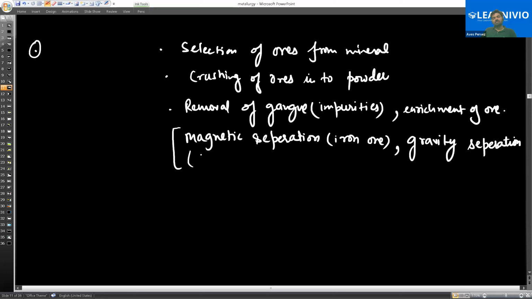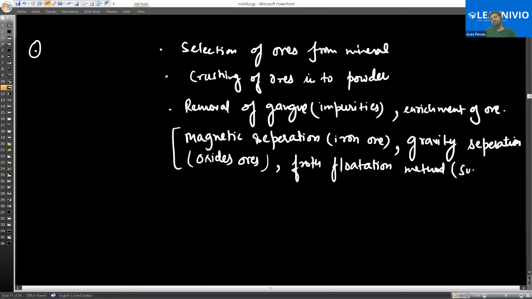This is done for oxide ores. And then the fourth, the froth flotation method. This is done for sulfide ore.